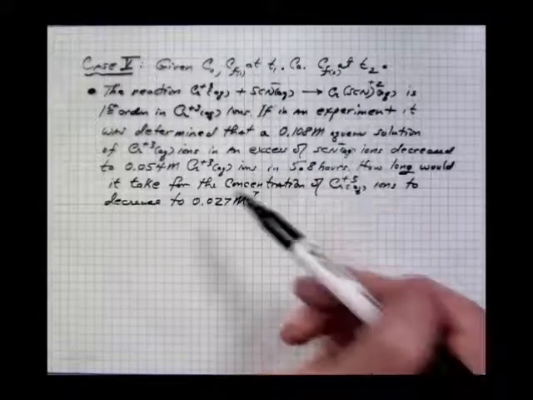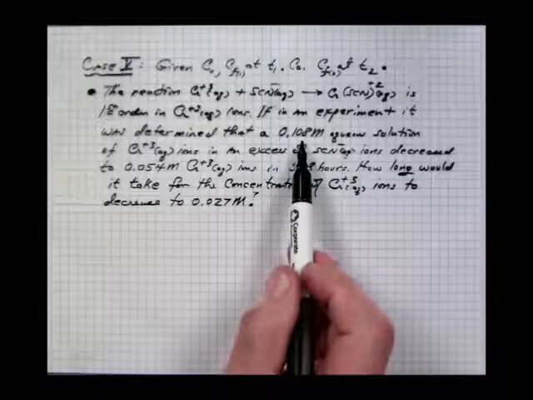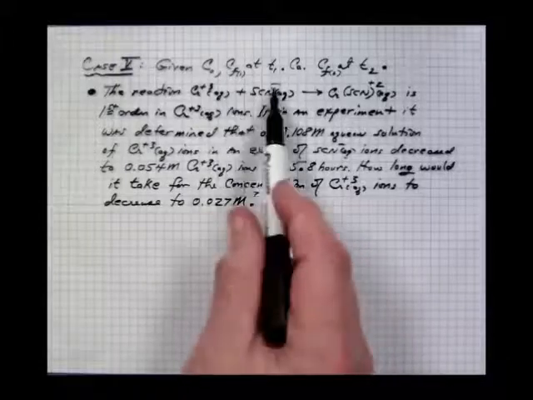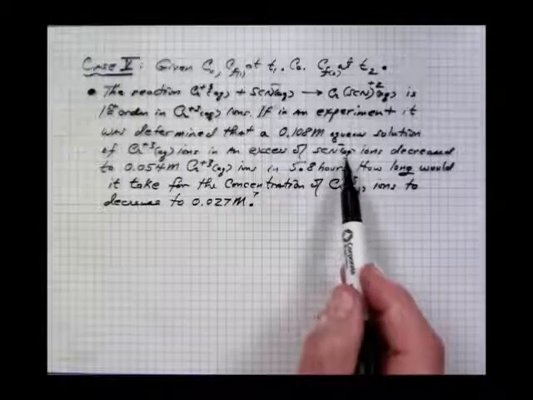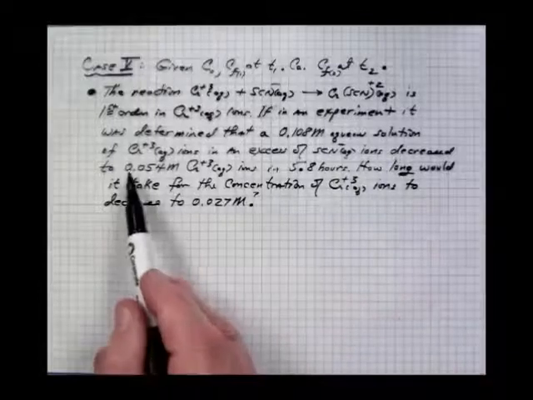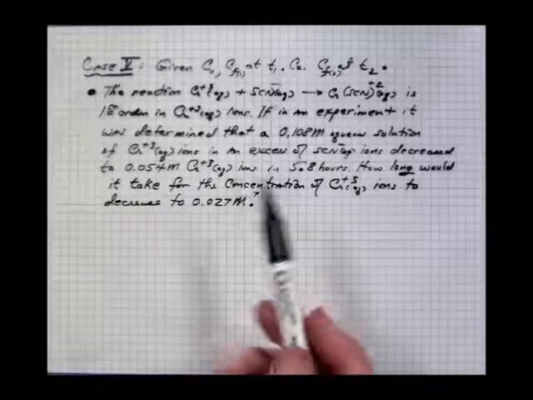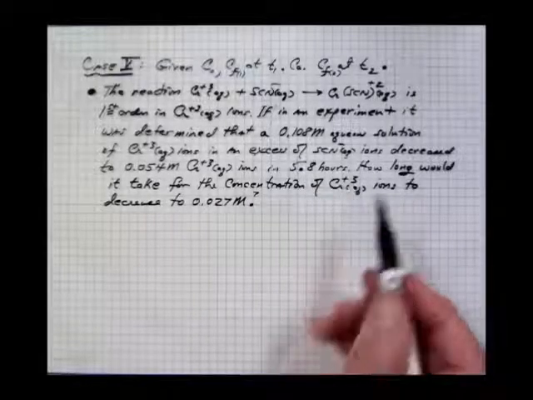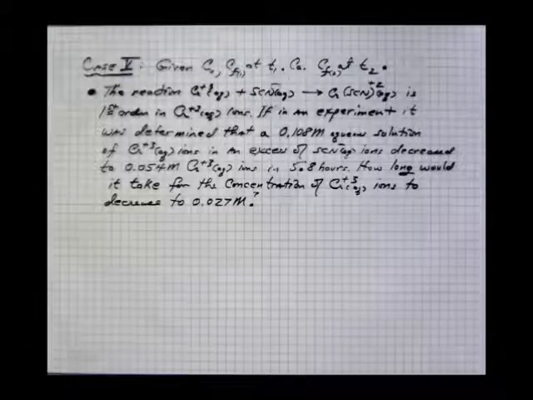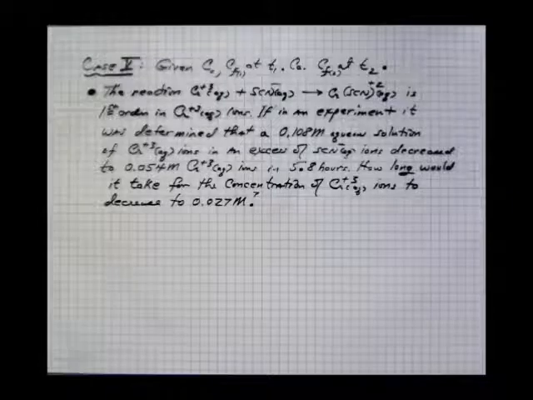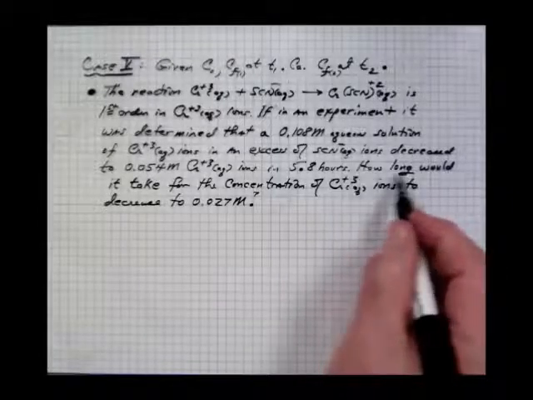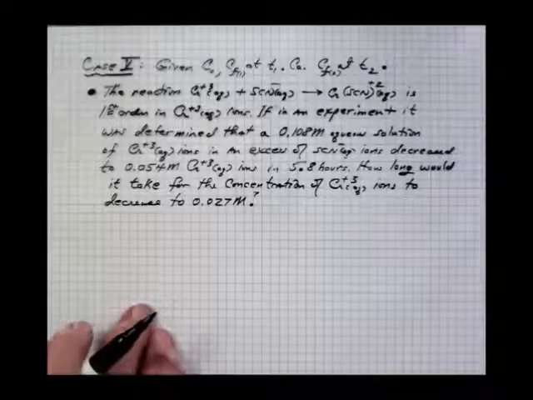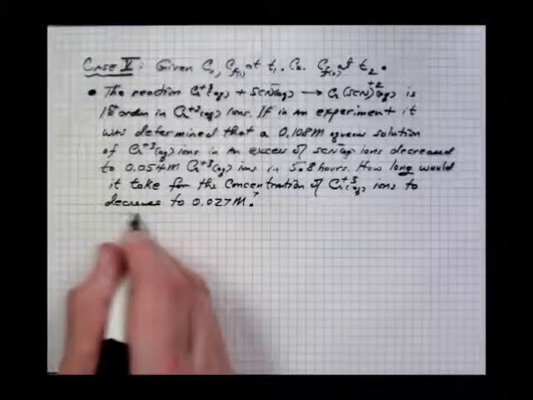If in an experiment it was determined that a 0.108 molar aqueous solution of chrome 3 ions in an excess of thiocyanate ions decreased to 0.054 molar chrome ions in 5.8 hours, how long would it take for the concentration of chrome ions to decrease to 0.027 molar? Well, this would be another time calculation that would be derived from the decay equation.